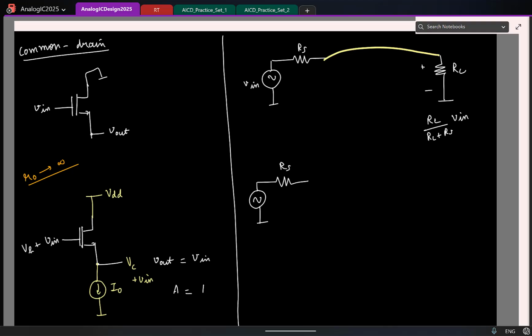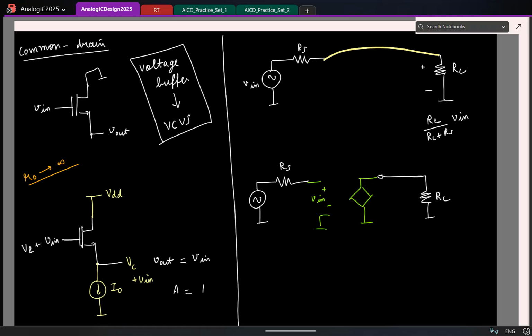We try to put a voltage buffer that ideally has an infinite input resistance, so that the entire V in gets dropped across this, and then you copy this voltage and provide it across RL. So a voltage buffer is what kind of a controlled source? Voltage controlled voltage source, right? So this will be with a gain of 1.